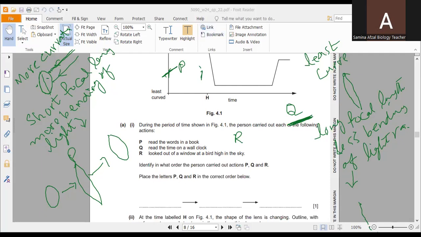The correct order is first P, then the least curvature, it is R, and then it will be Q.